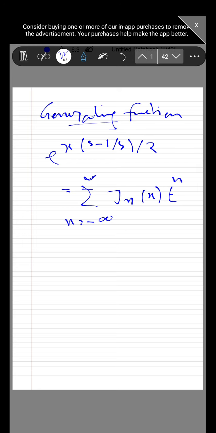This is the generating function of Bessel. So this was all about the different types of polynomials.